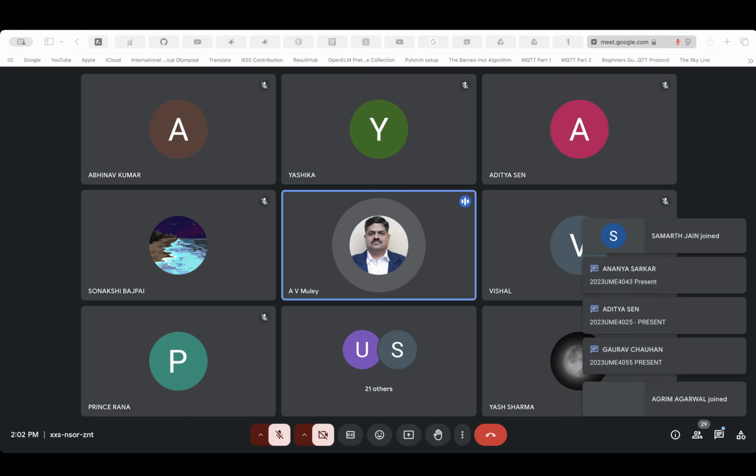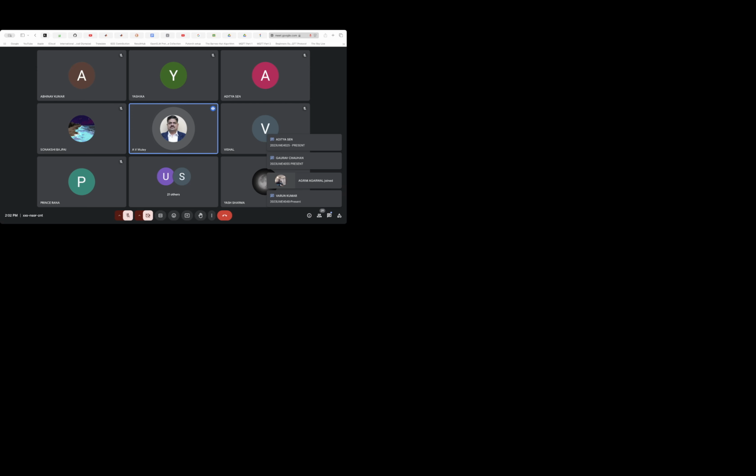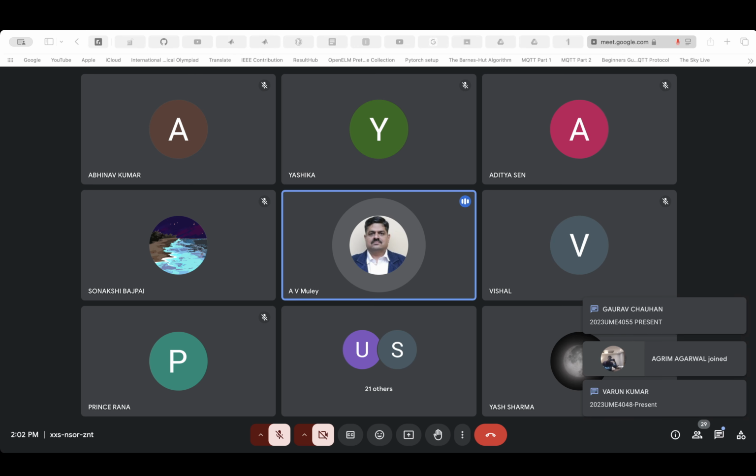So ask your friends to join fast, and everybody write your roll number followed by present in the chat box.